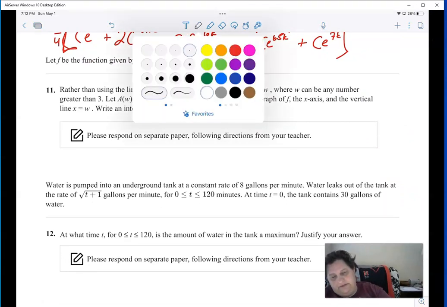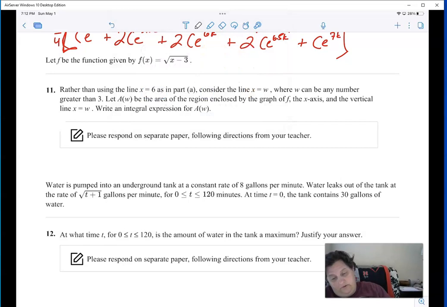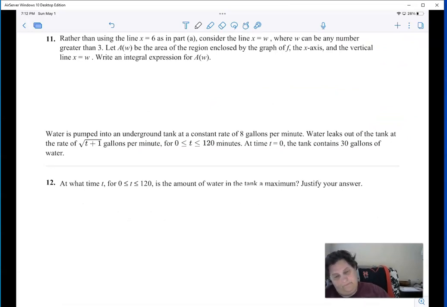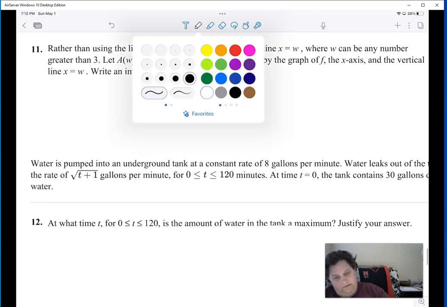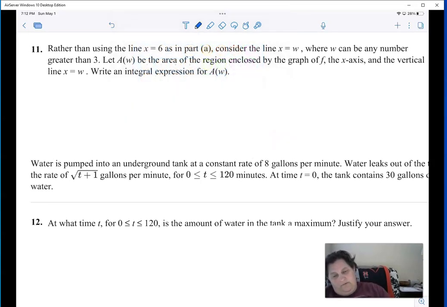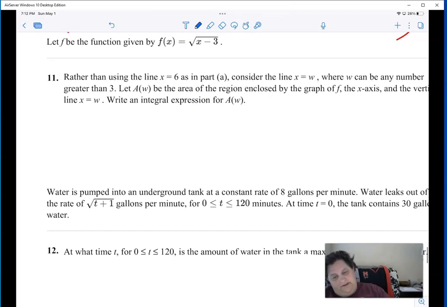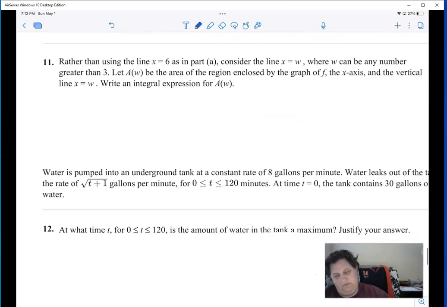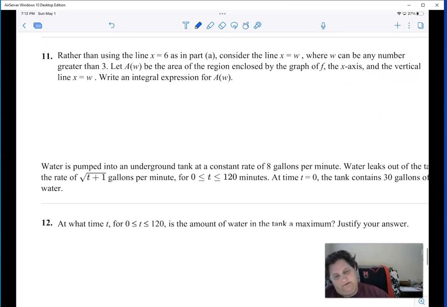All right. Let the function be given by that. Rather than using the line x equals, okay, hang tight.